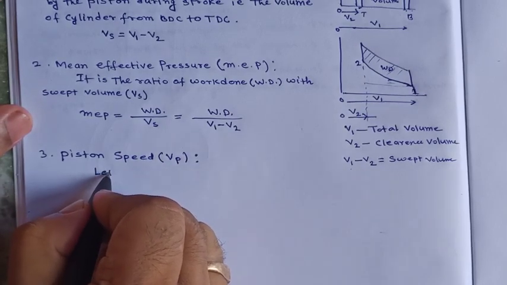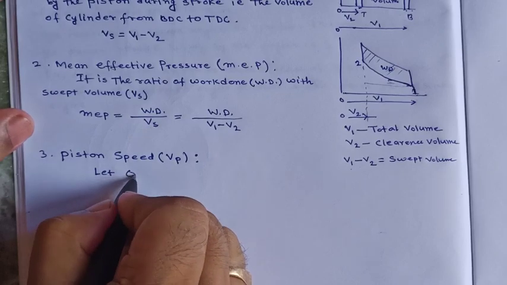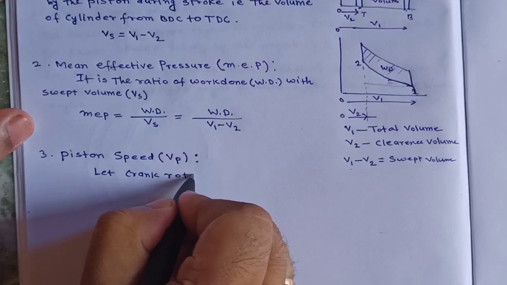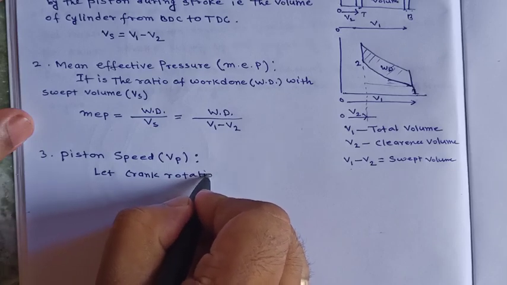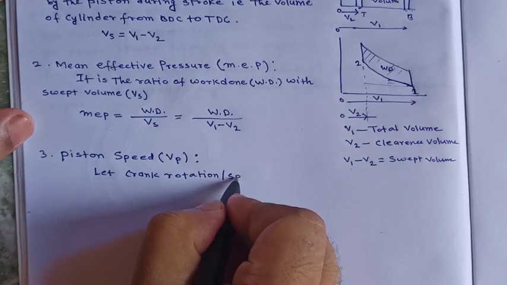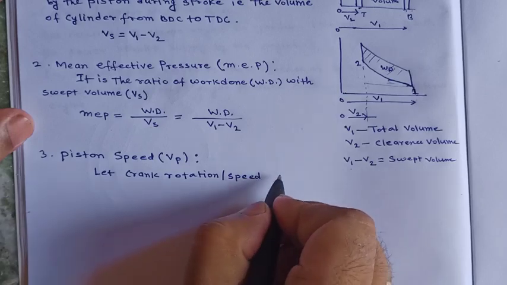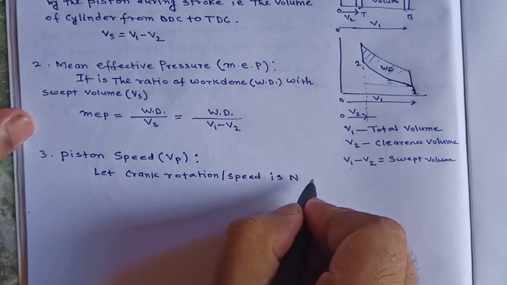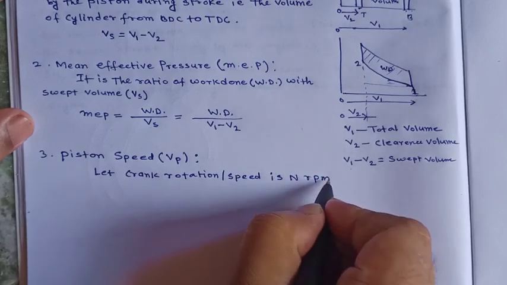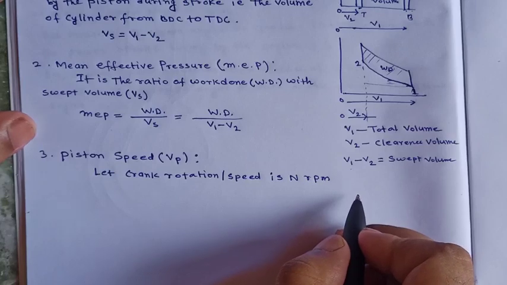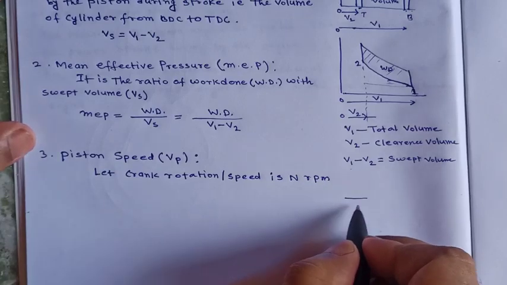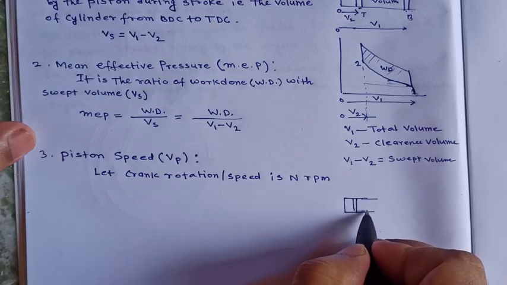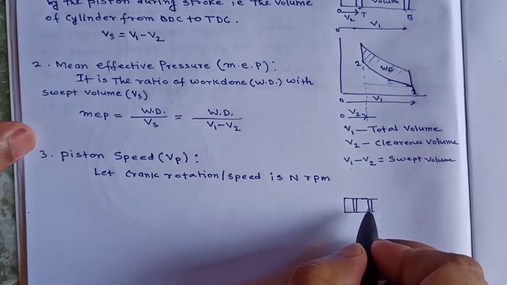Let crank rotation or speed is in RPM. This crank is rotating in n RPM. Consider this is the cylinder and this is the piston.